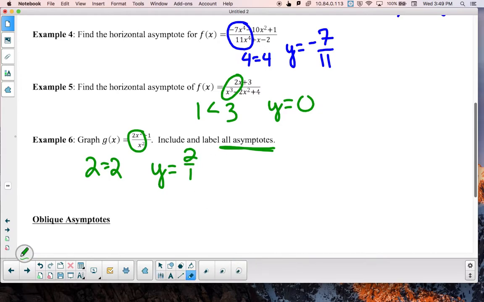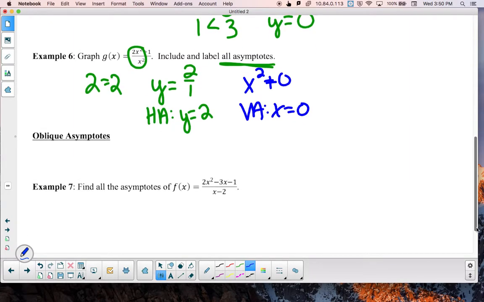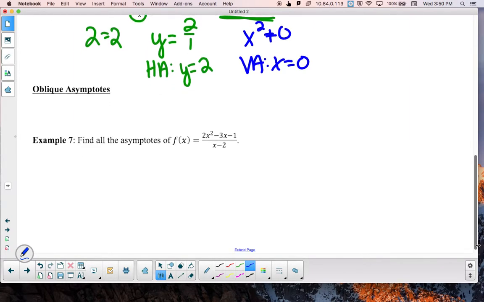So we have a horizontal asymptote of y equals 2. And then we're going to set x squared not equal to 0 for our vertical asymptote, which just means that our vertical asymptote is x equals 0. So again, we're going to leave vertical or oblique asymptotes for in class.